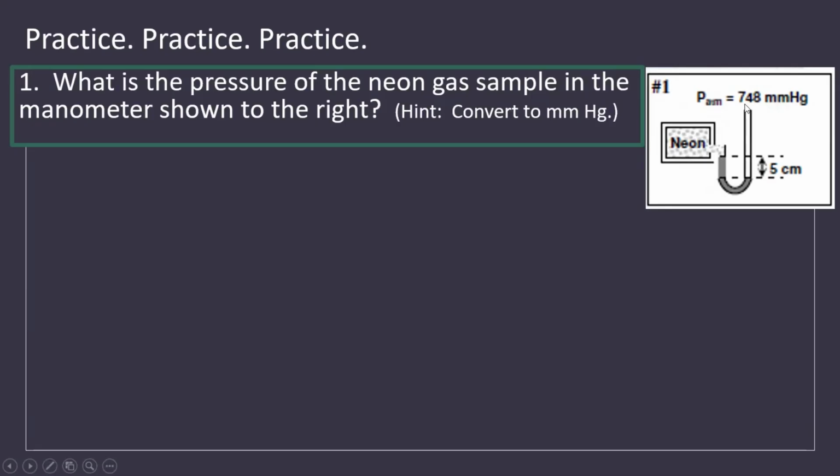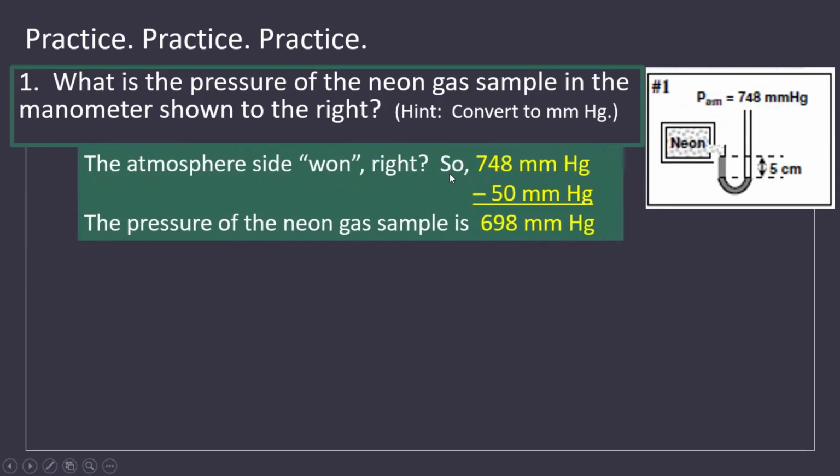So we need to take 748 and subtract 50 millimeters of mercury. 748 millimeters of mercury minus 50 millimeters of mercury is 698 millimeters of mercury. So we could say 698 millimeters of mercury or 698 torr.